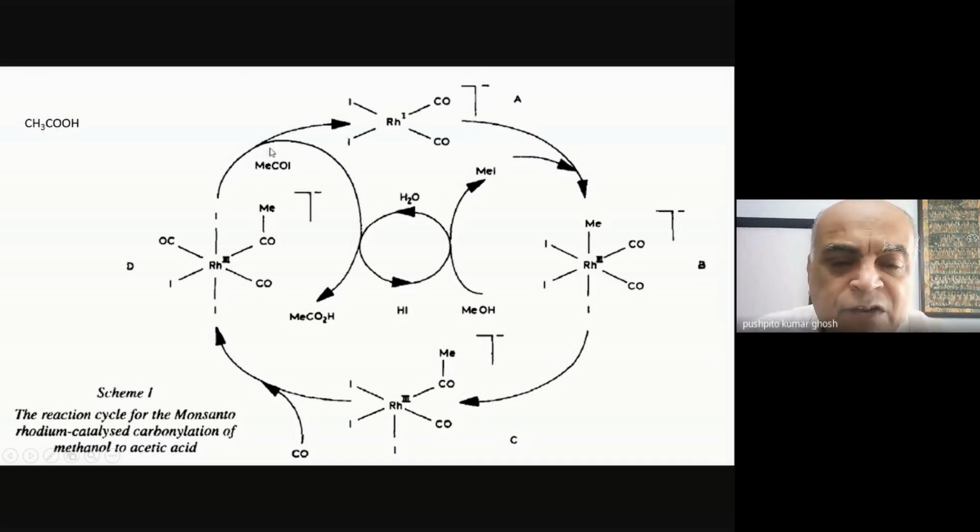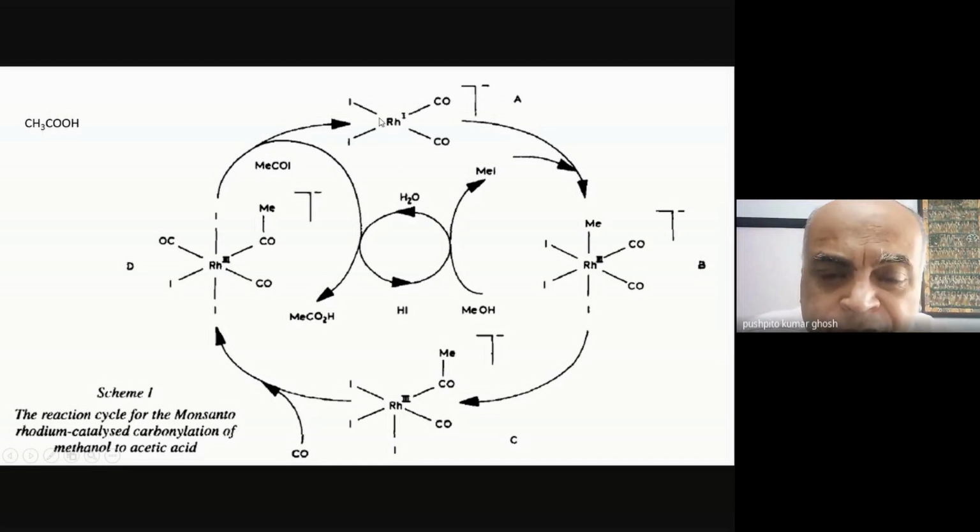So I reductively eliminated, and when I do a reductive elimination, my oxidation state reduces by 2. So the rhodium 3 went back to rhodium 1, and I now have 2 iodides, I have 2 carbonyls, so I've got back my original compound.